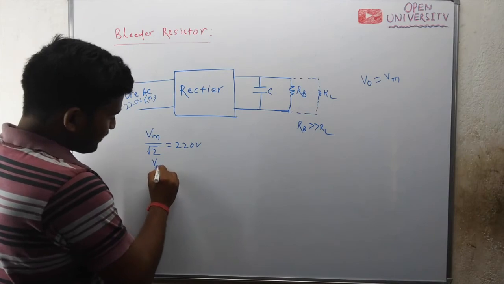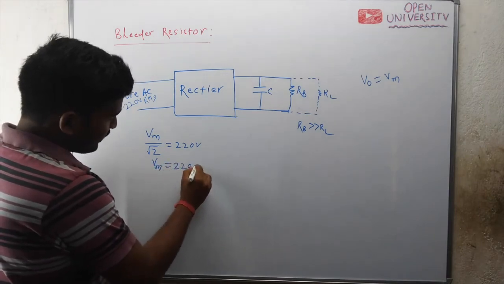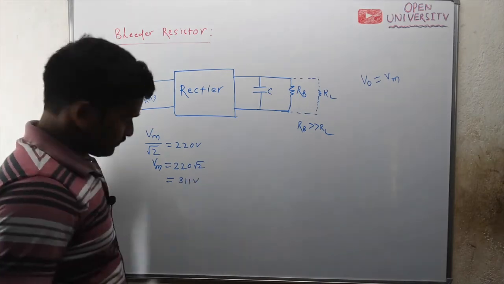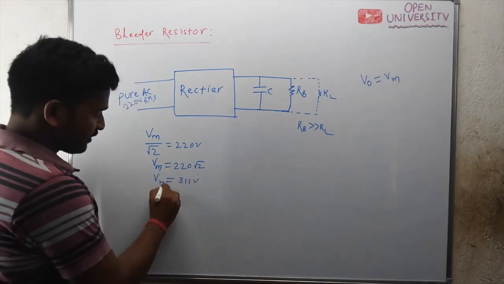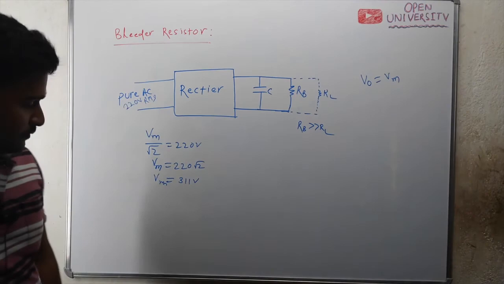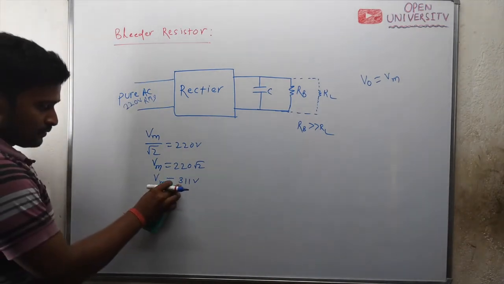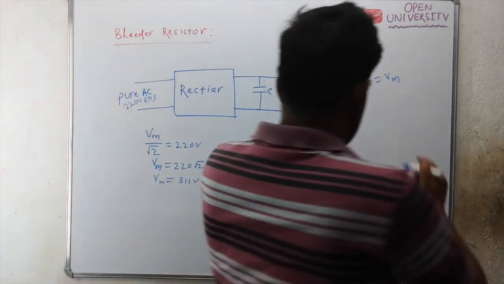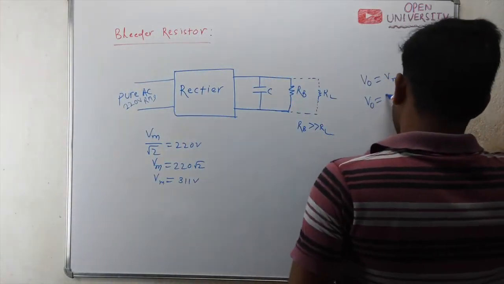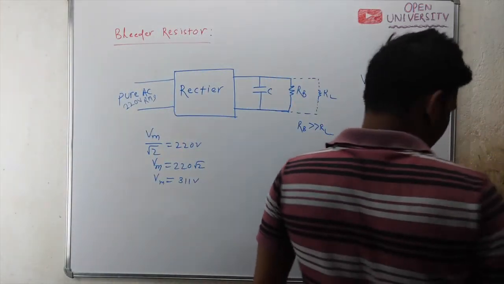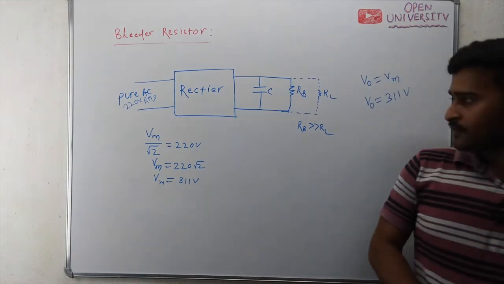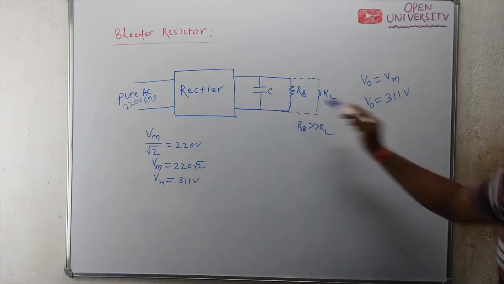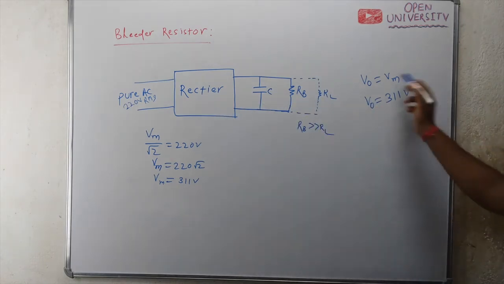So what will be the Vm value? 220 into root 2, which is 311 volt. So Vm will be 311 volt. If RL is not connected, the output voltage in high voltage power supply will be 311 volt.